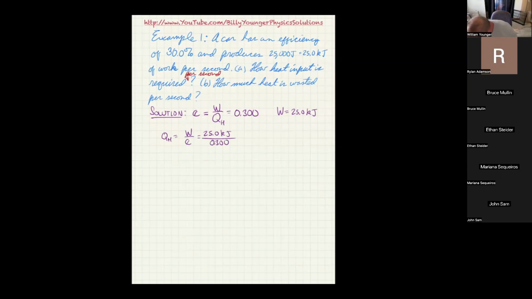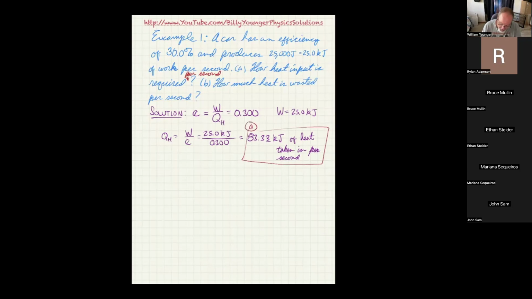So if I take 25 divided by 0.3, that's 83.33 kilojoules of heat added, or heat taken in, per second. So we've got our answer to part A.